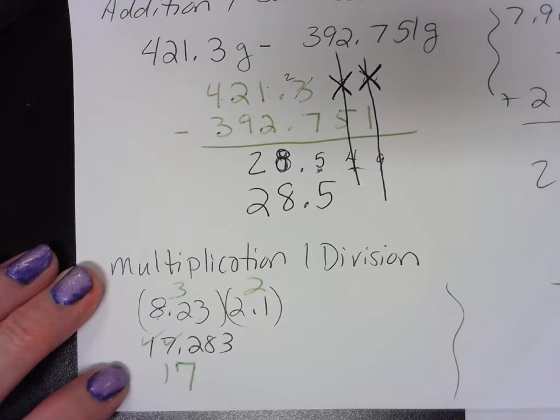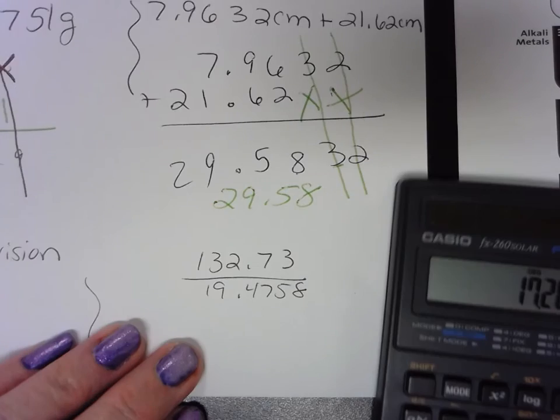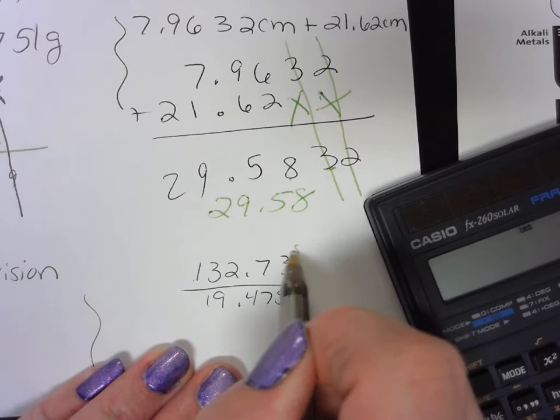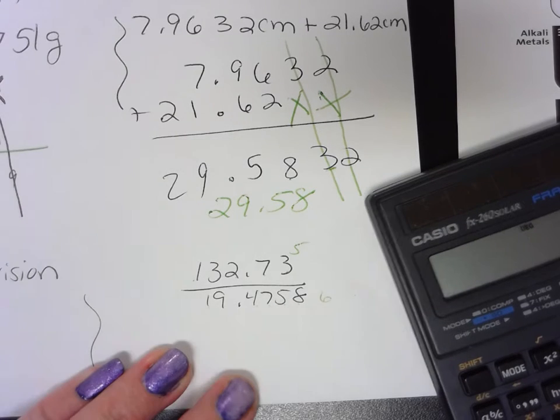We're going to do the same thing with our division. I've got 1, 2, 3, 4, 5 significant figures here. 1, 2, 3, 4, 5, 6 significant figures there.